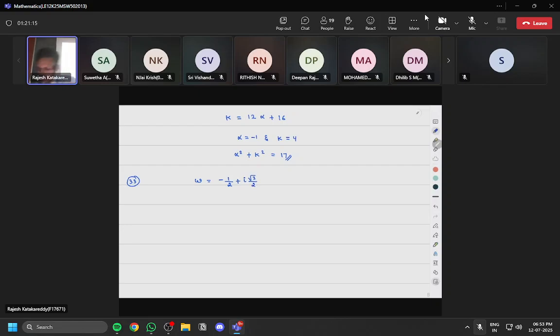Then the number of elements in the set, where n is such that 1 is less than or equal to n less than or equal to 100, n belongs to natural numbers, such that A to the power n plus omega into B to the power n must be equal to A plus B.